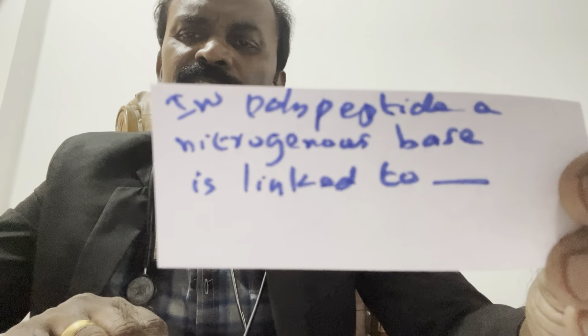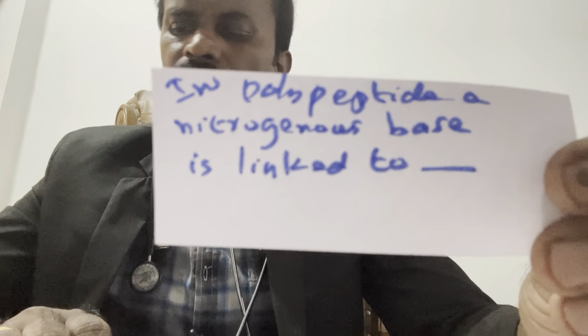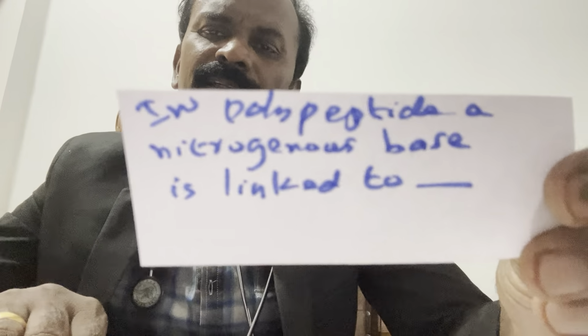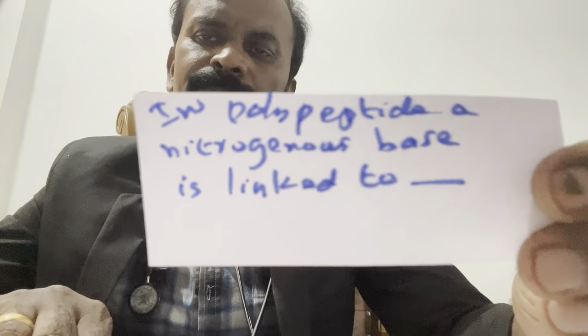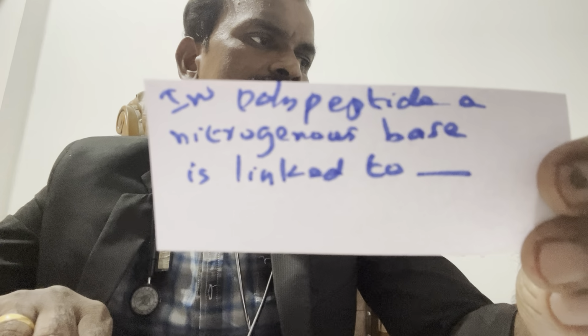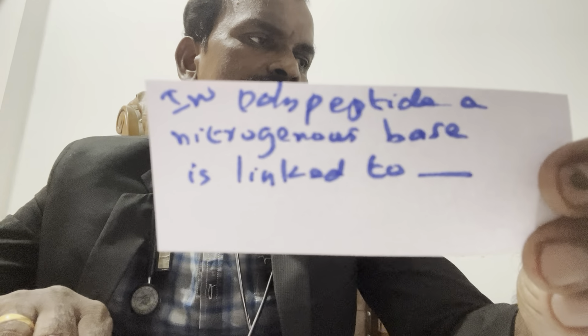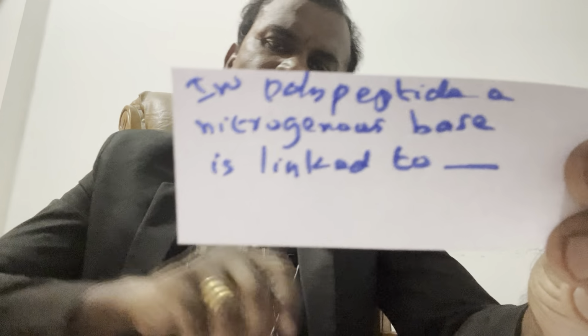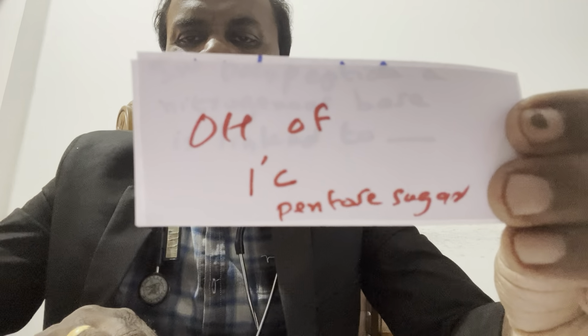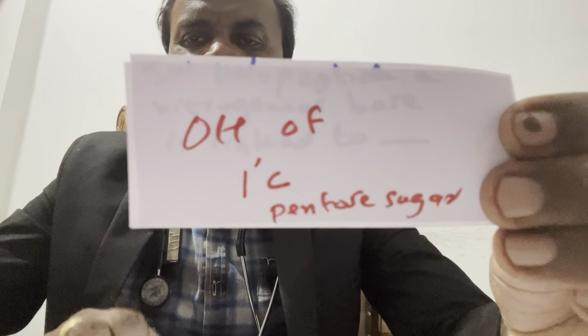In a polypeptide, nitrogenous base is linked to what? These are all the rank deciding MCQs. Not everybody can answer this. Unless you are hearing this video for 7 days, you can't answer. In a polypeptide, nitrogenous base is linked to dash. It is linked to OH of 1C pentose sugar.